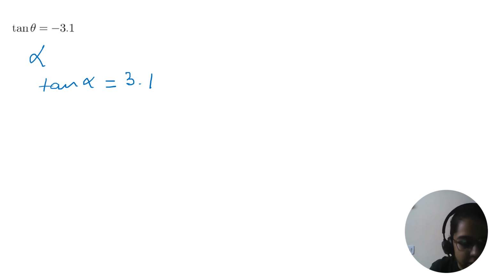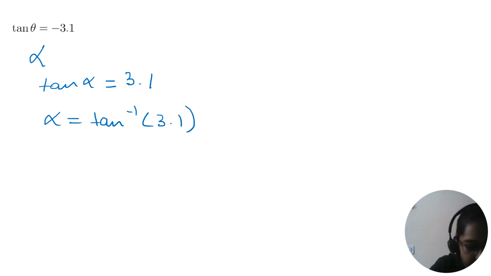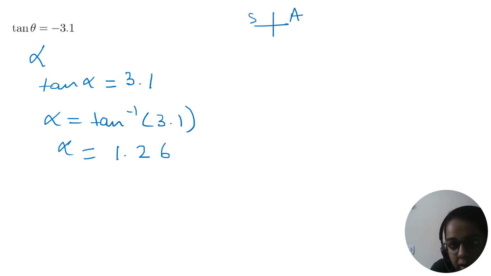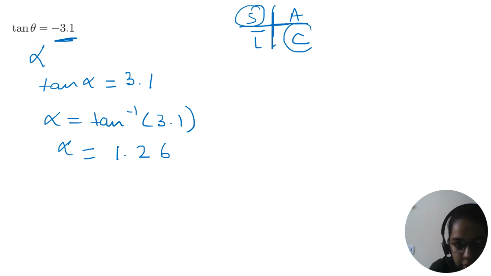So when I put this in my calculator, alpha equals tan inverse 3.1, I get the acute angle as 1.26. Now using ASTC, my original tan is negative, and negative tan lies in the second and the fourth quadrant.